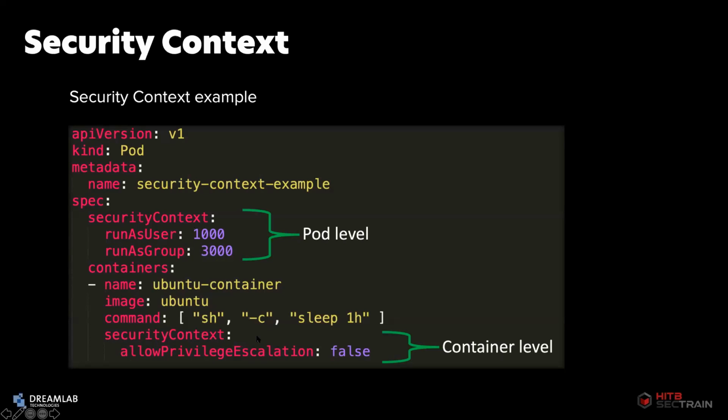But then we have another security context that can be applied only at container level. For example, this one, allowPrivilegeEscalation: false. It's a very interesting feature because basically it prevents processes within the container from gaining more privileges than its parent process. So it helps prevent some possible privilege escalation techniques to escape the container.